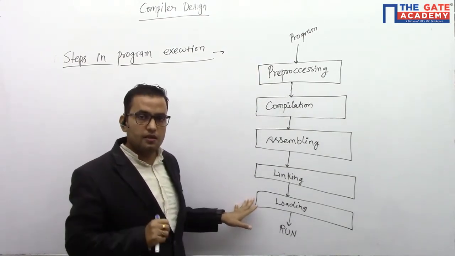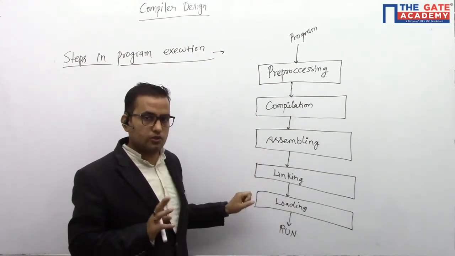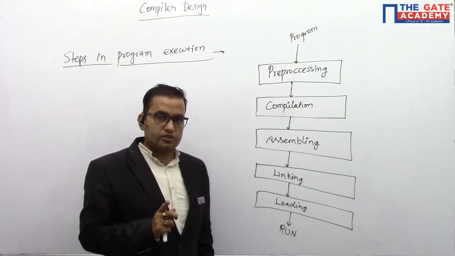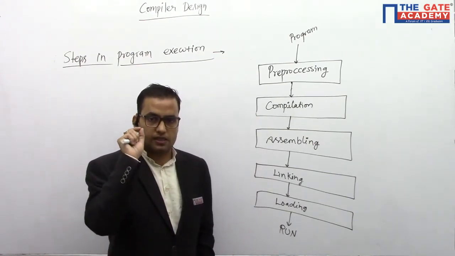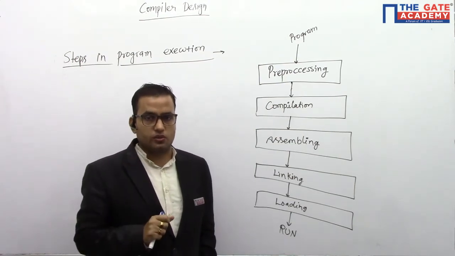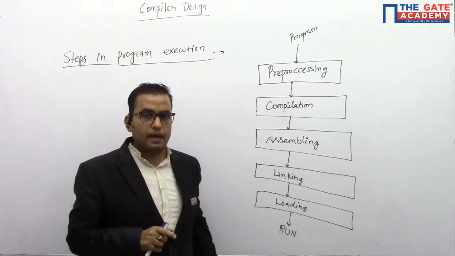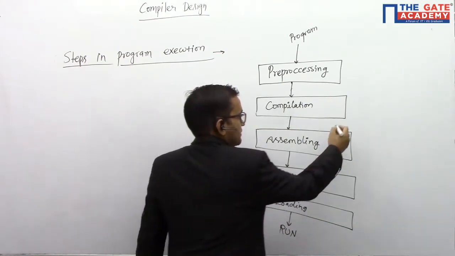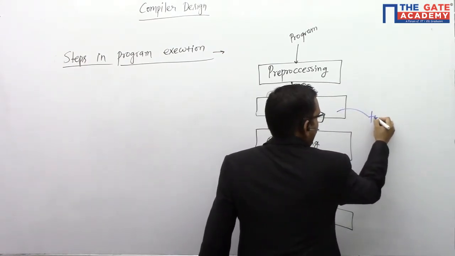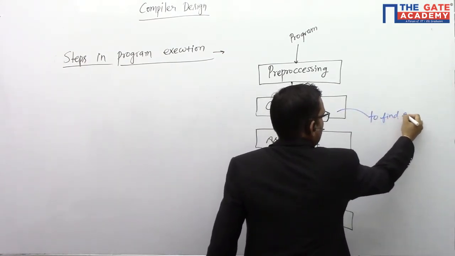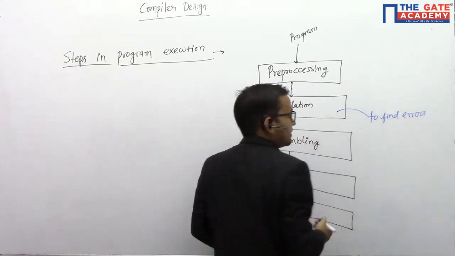And what do you think? Compiler is doing all these things. Actually, compilation is just one part of your program execution. And the work of compiler is only to find errors in your program.